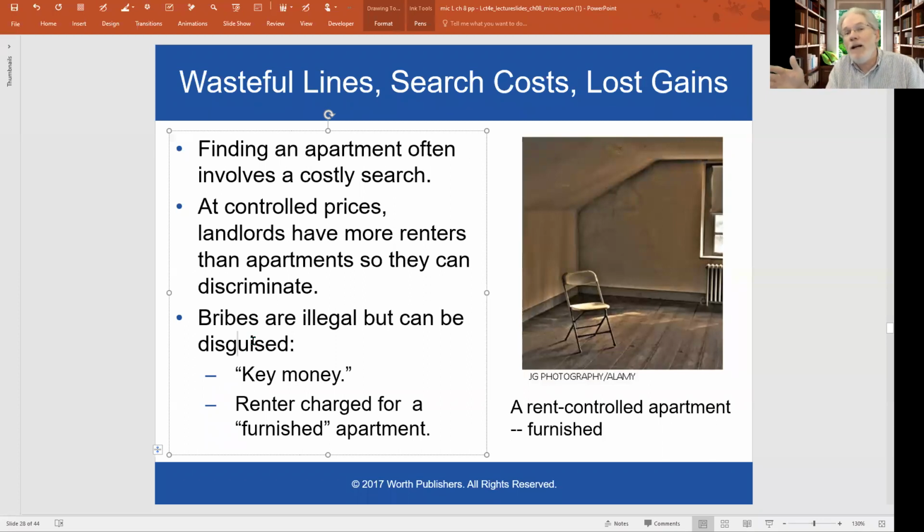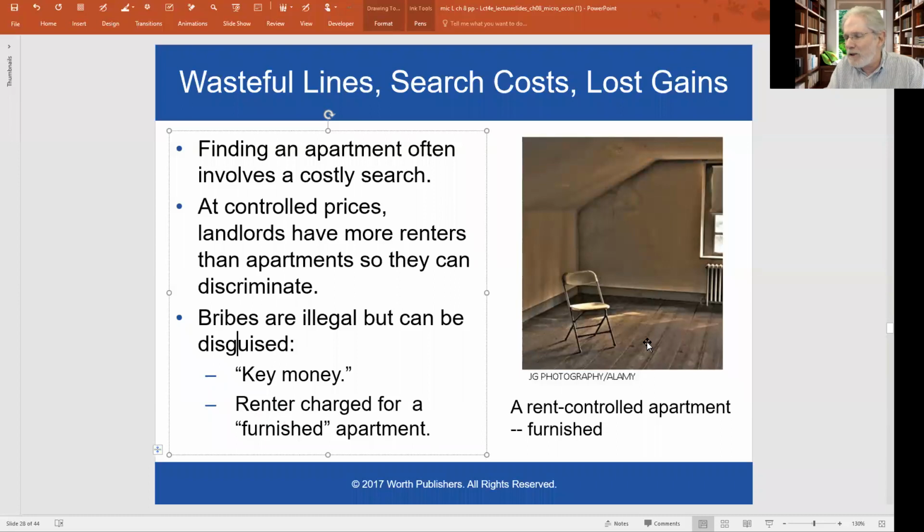If they're not planning to ever give you that key money back, but by charging $500 or $1,000 for quote-unquote key money, the landlord is getting more money from you than the rent control policy is intending to allow.